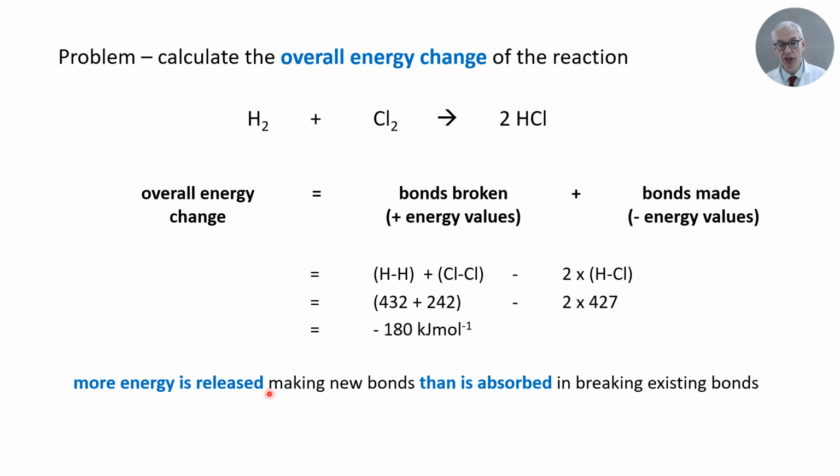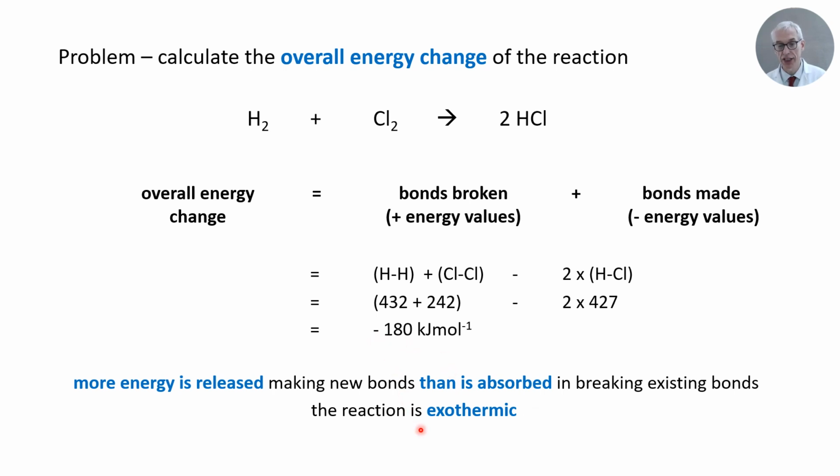More energy is released. These values, the energy released on making the bonds, is greater than the energy absorbed on breaking the bonds. So that's an explanation for this exothermic value. We know it's exothermic because it has a negative value.